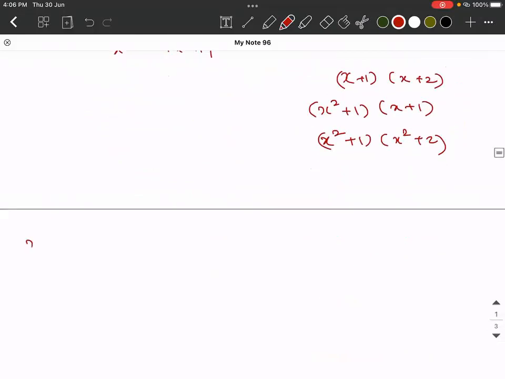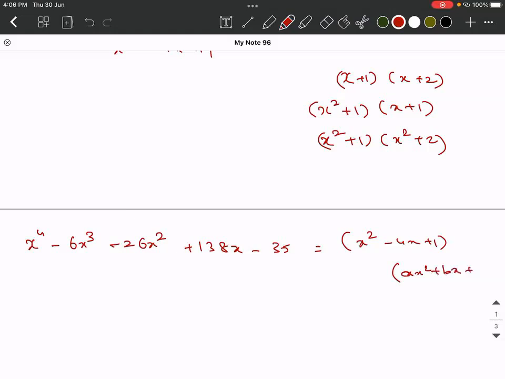So x power 4 minus 6x cube minus 26x square plus 138x minus 35, is that right? This can be written as the product of x square minus 4x plus 1 into ax square plus bx plus c.